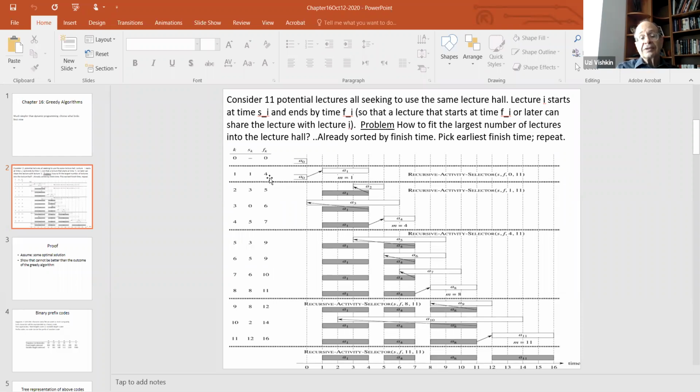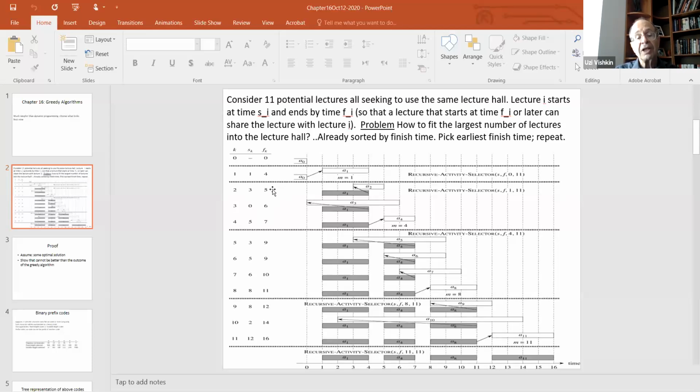What do I do next? So clearly I do not proceed immediately to pick the second lecture, but instead I start going through the lectures and I start chopping off all those lectures that overlap, because clearly by committing to a lecture that starts at 1 and ends at 4, I made a clear decision not to take the lecture that starts at 3 and ends at 5 because it overlaps. I also made a decision not to include the lecture that starts at 0 and ends at 6 because it overlaps.